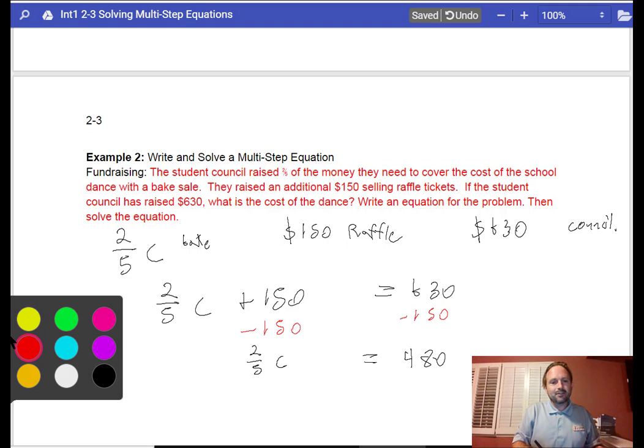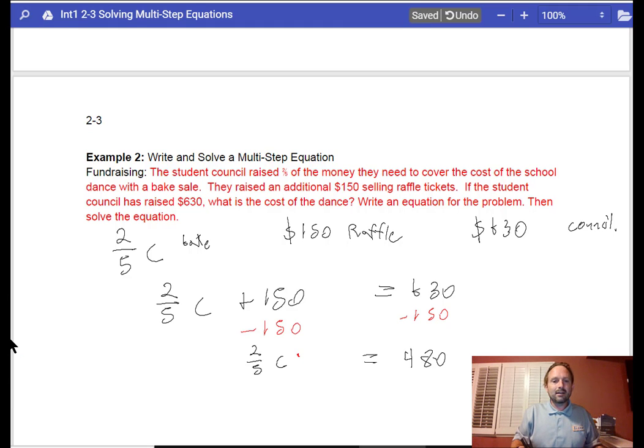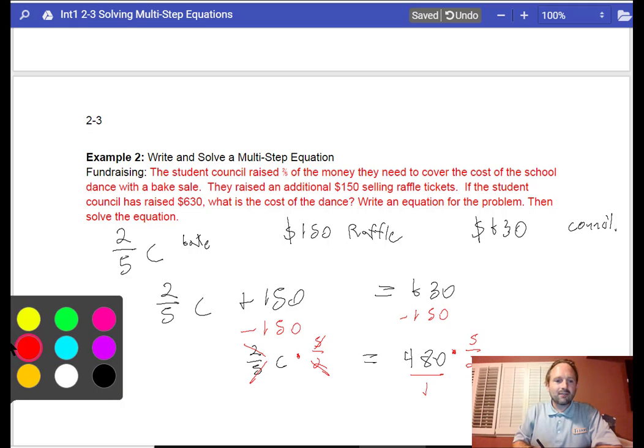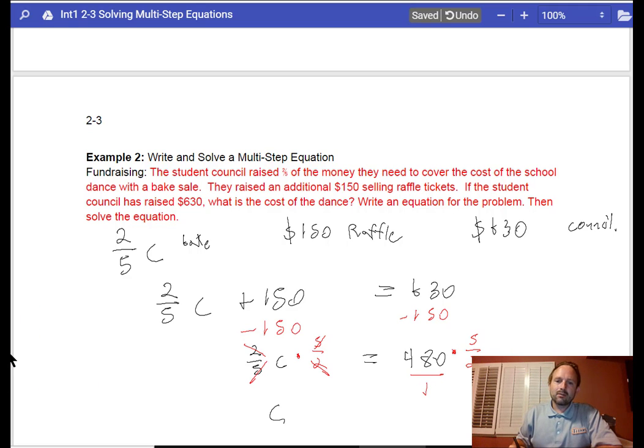Now I can either multiply by 5/2 on both sides, or I can times 5 and then divide by 2. Well, in either case, these are going to simplify and go away. So I'd be left with C right here. Well, I'm not going to times 5 then divide by 2.